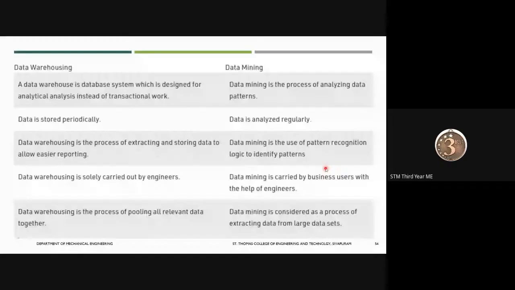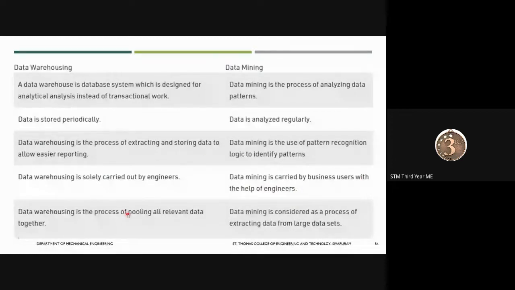Okay, so under data mining, always we are finding out patterns, right? So patterns of this work are often found out by business users or the management level itself. So they are determining the pattern. Okay, and they don't understand the work completely, and for that purpose, they always data mine with the help of engineers also. So basically it is carried out by business users with the help of engineers. So that is data mining.